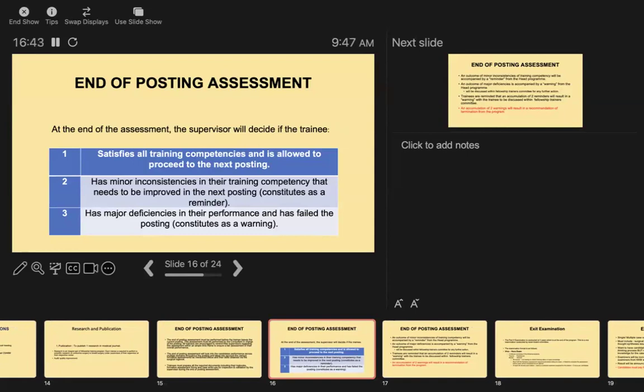This is called a reminder for the candidates. Third, they have major deficiencies in their performance and have failed the posting. This constitutes a warning. Right?